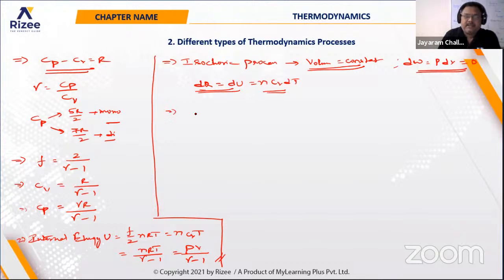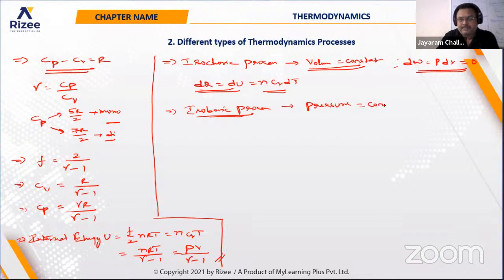Now the second process is called the isobaric process. So what is this isobaric process? The pressure is constant, and we can use the first law of thermodynamics.